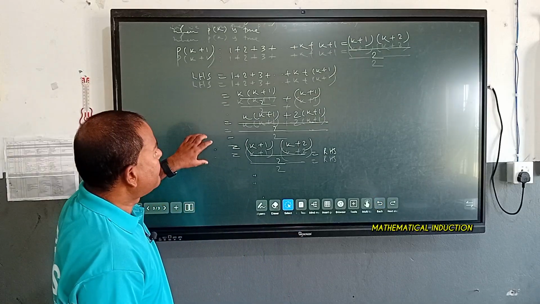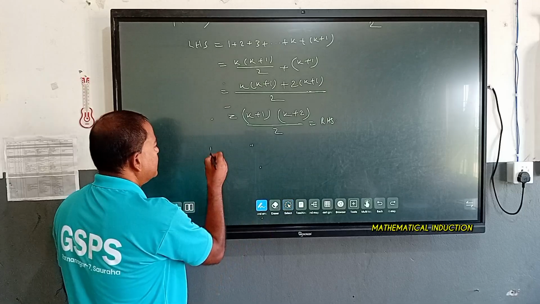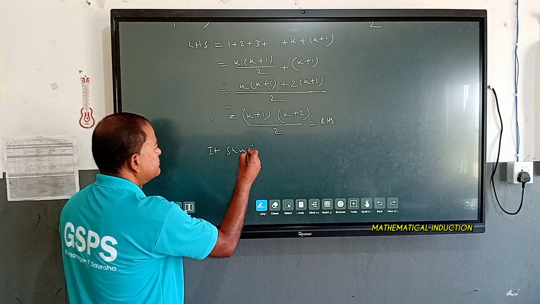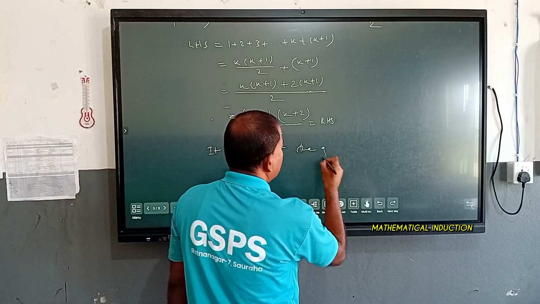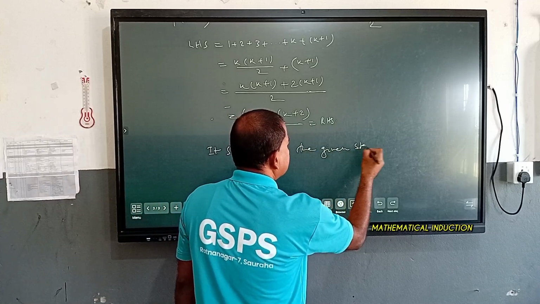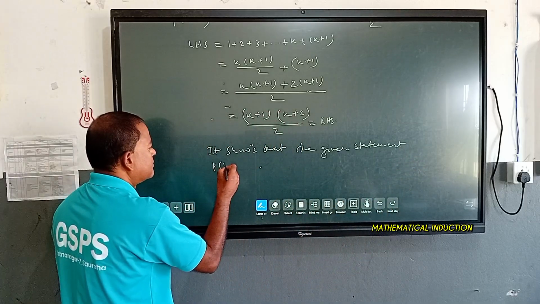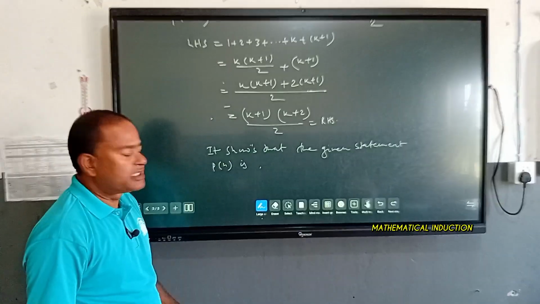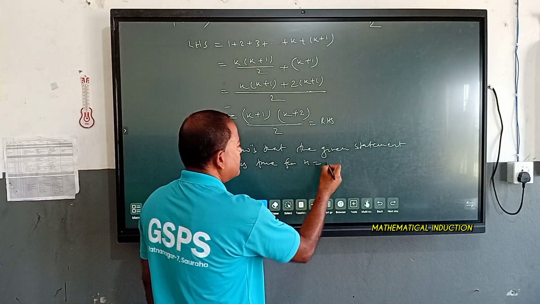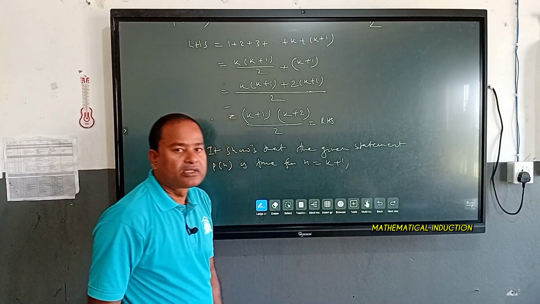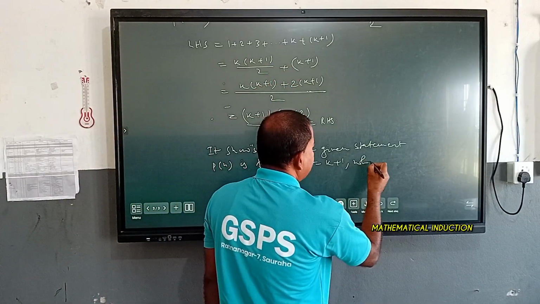It shows that the given statement Pn is true for n equals k plus 1 whenever Pk is true.